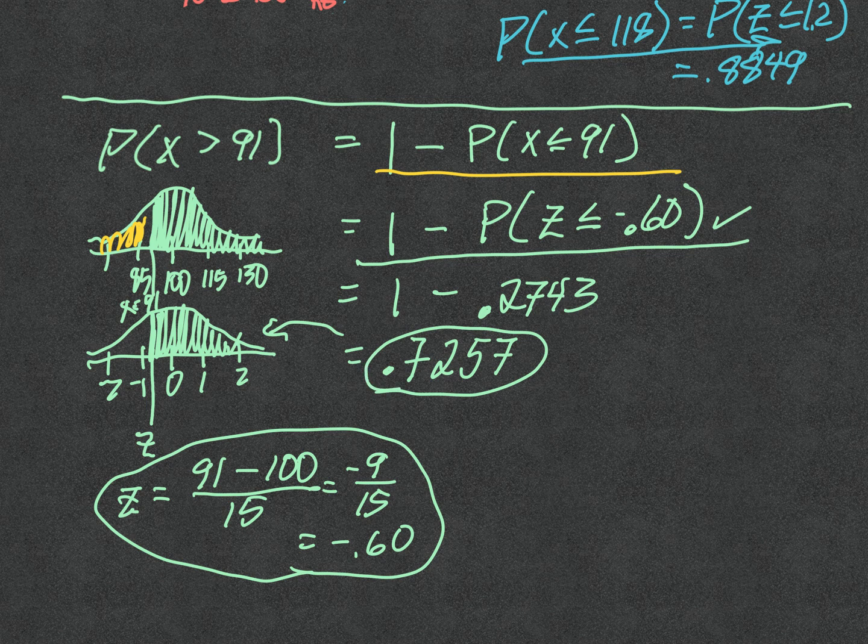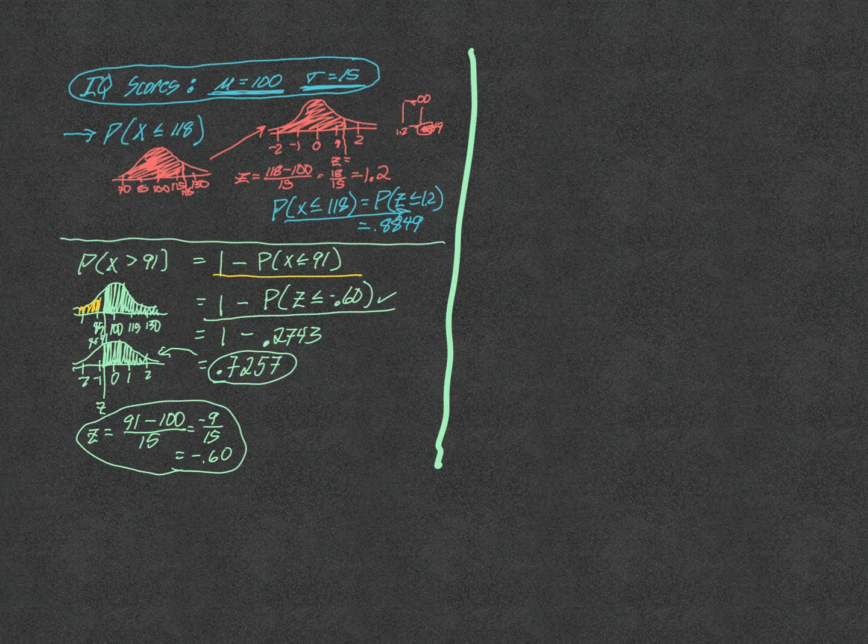Now, of course, you can check all these on a calculator, and I'll show you how to do that in a little bit. All right, so next one, let's do one more. And this one is where you take the big area minus the small area. So the picture we're looking at looks like this. Here's the normal curve. And then from 112 to 124, it has a little strip like that.